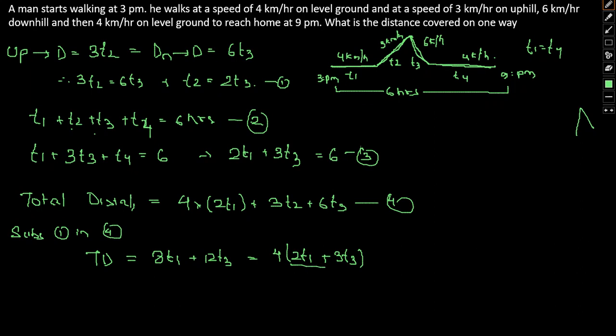Now this value we already get from 3 is 6, so this becomes 4 into 6 equal to 24. Okay, so total distance will be 24. And now if we are talking about one way, what is the distance covered on one way? One way will be half of this, that is 12 kilometers, which is our answer.